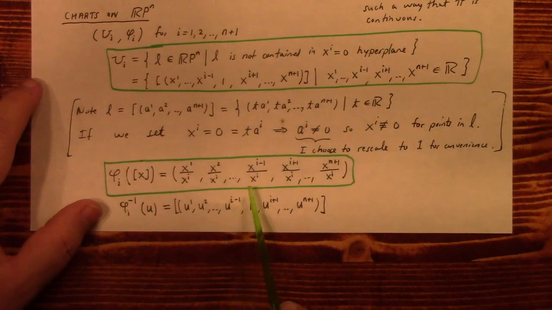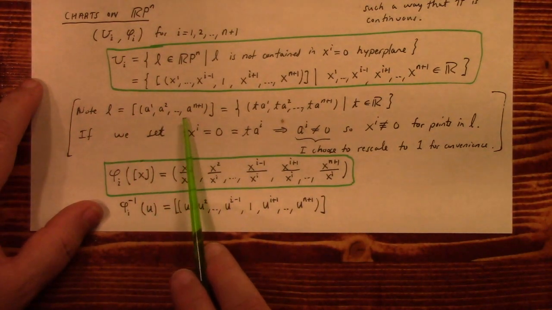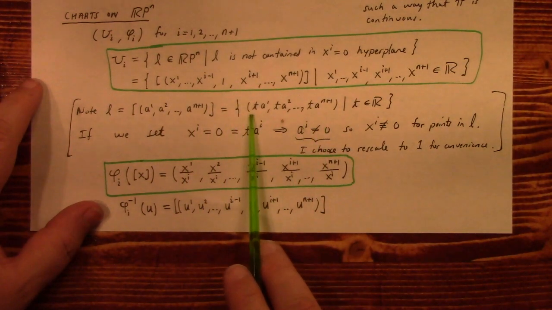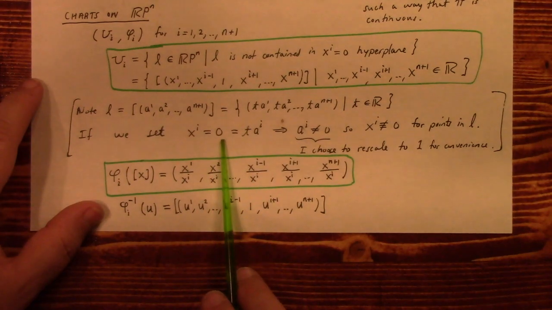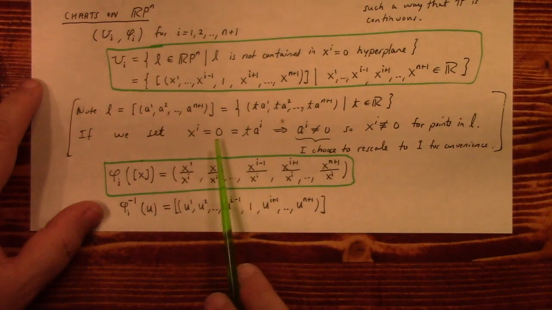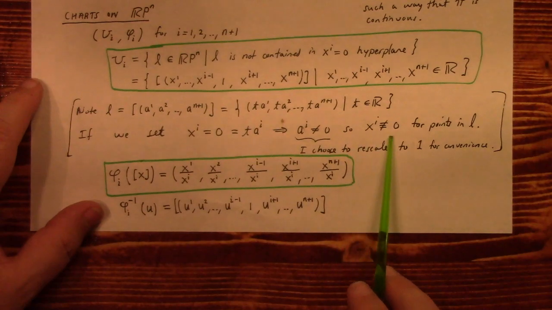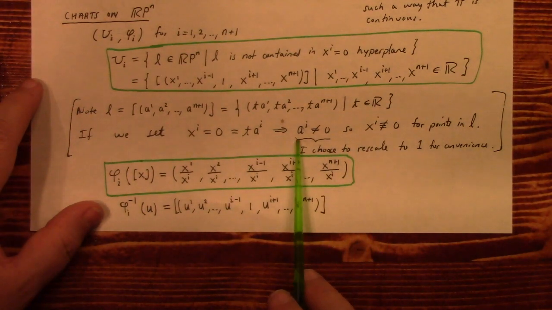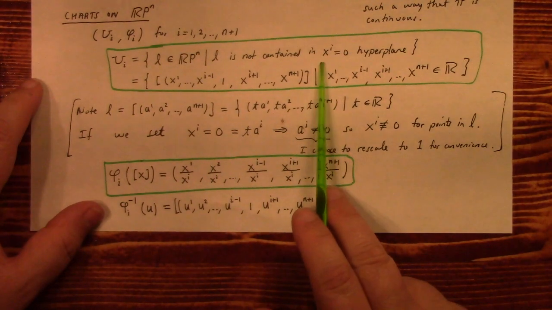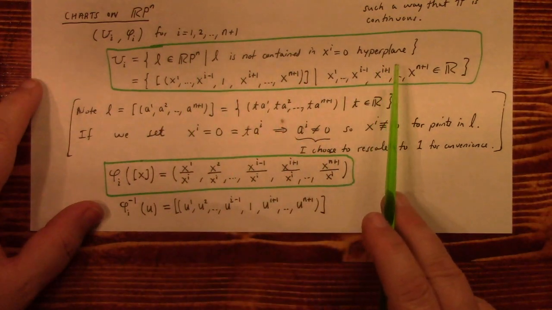But here it is. I mean, this has to be the formula because if you look at the line generated by a^1 through a^(n+1), specifically, scalar multiples of a by t, if we put x^i equal to 0, then that would give us t a^i equals 0. And that means that we must have a^i not equal to 0 so that x^i is not identically 0. If a^i was equal to 0, then we'd be in trouble because the line would actually lie in the ith coordinate equal to 0 hyperplane, which is where we're not supposed to be.